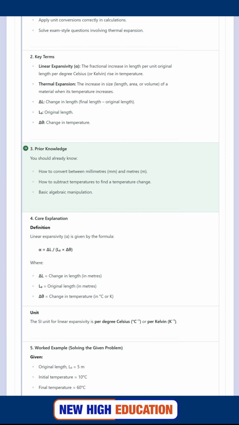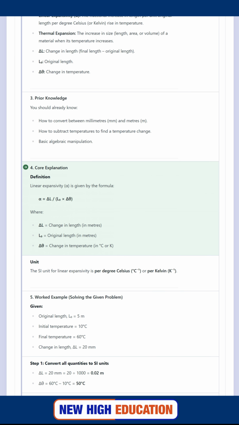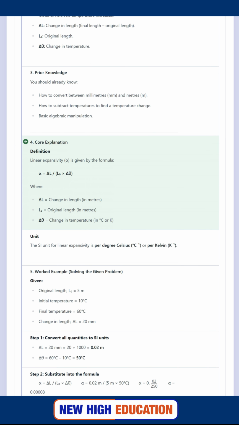Linear expansivity alpha is given by the formula alpha equals delta L divided by L naught times delta theta, or in words, linear expansivity equals the change in length divided by the product of the original length and the change in temperature. Unit. The SI unit for linear expansivity is per degree Celsius, written as degrees Celsius to the power of -1, or per Kelvin. This means your final answer should always have the unit per degree Celsius or per Kelvin.